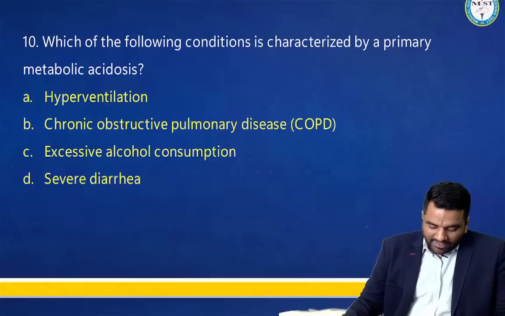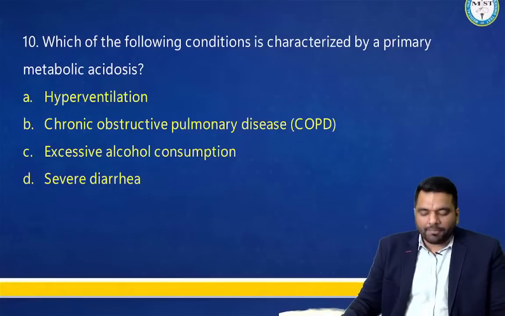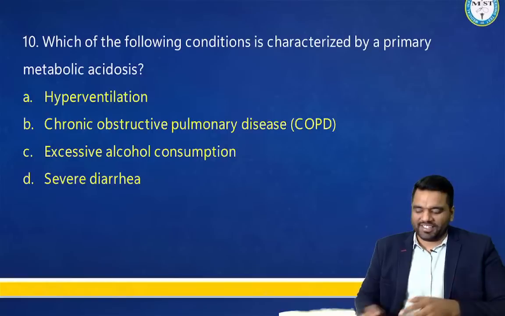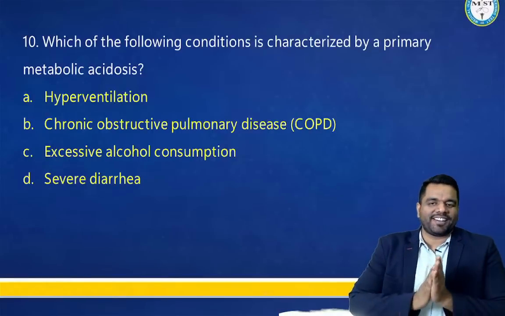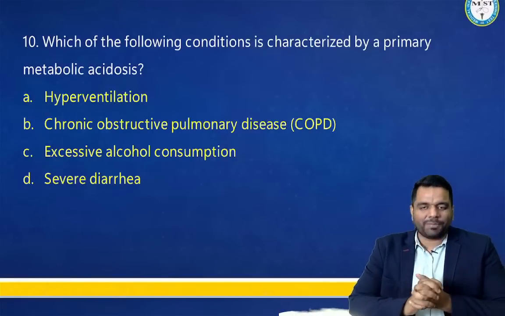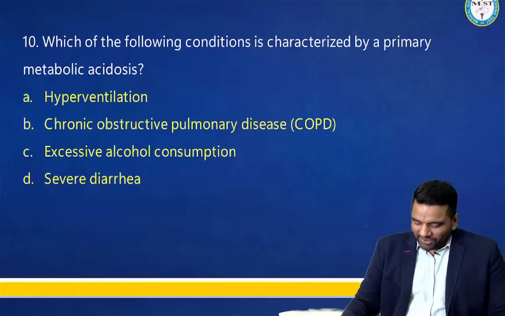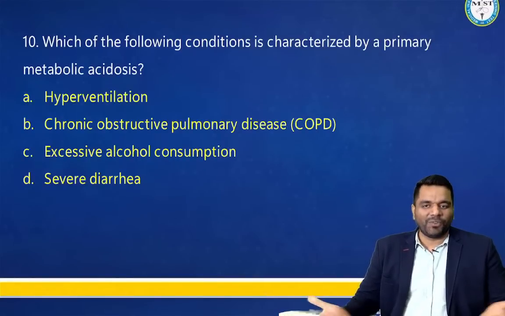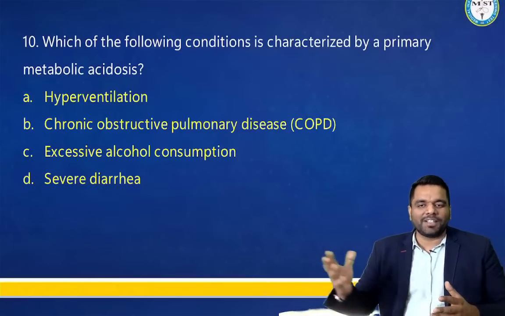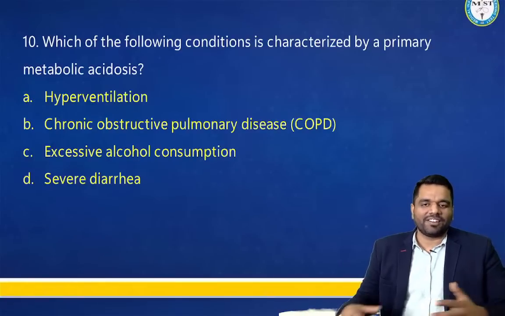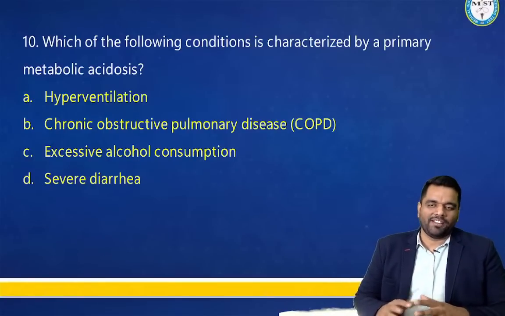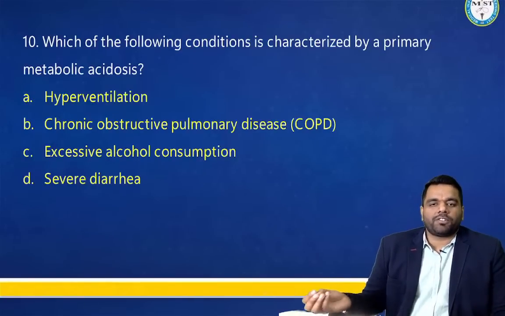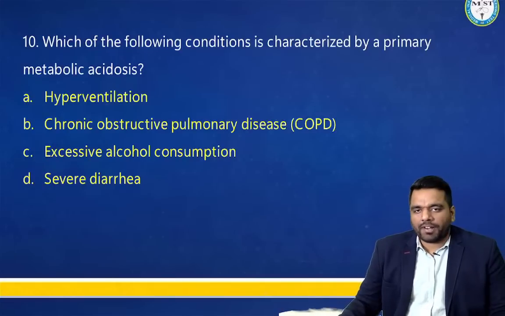Now come to the next question, question number 10. Which of the following conditions is characterized by a primary metabolic acidosis? This is your ABG, that is pH question. No values are given. You are looking for where the pH is, where the PCO2 is, where the bicarbonate is, but no, this is a direct question. Which of the following conditions is characterized by a primary metabolic acidosis?